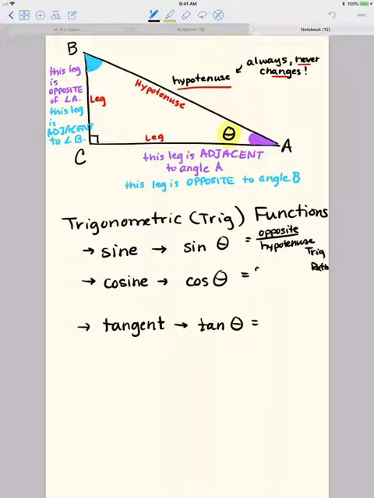The cosine ratio takes the length of the adjacent leg and divides it by the length of the hypotenuse. And the tangent ratio takes the length of the opposite leg and divides it by the length of the adjacent leg.